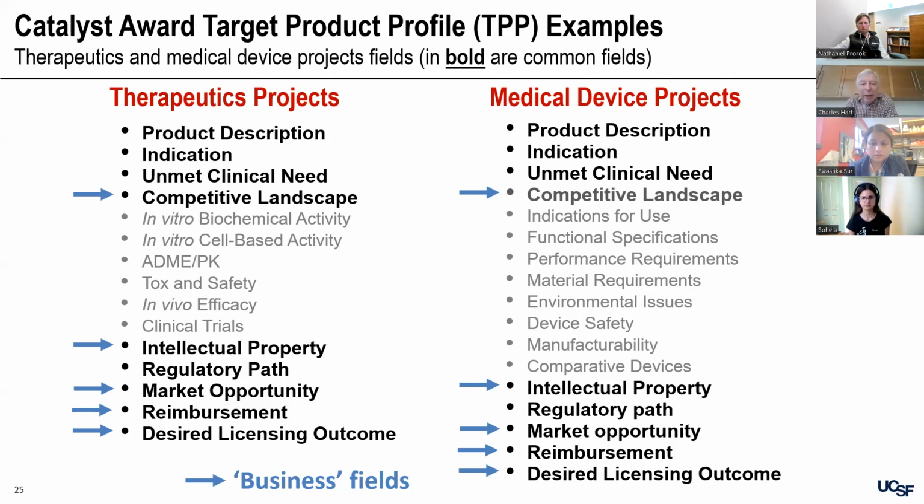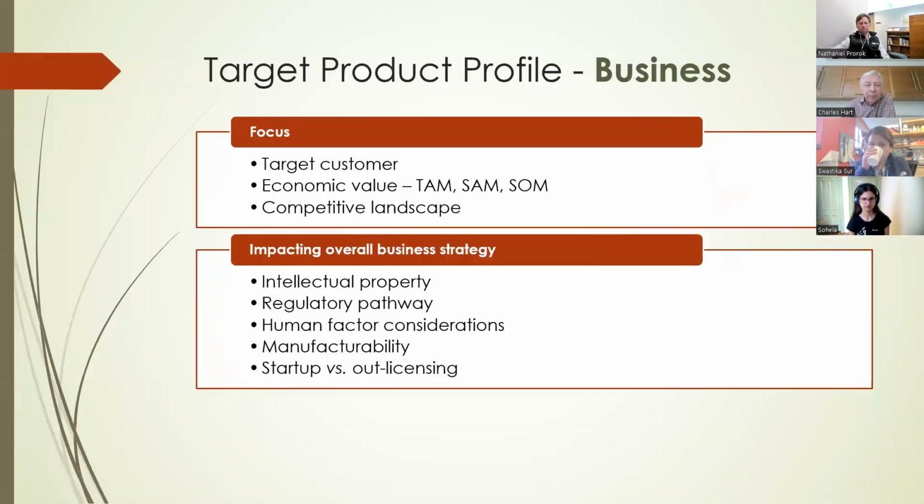But why I'm showing this slide again is because of the blue arrows. The blue arrows are the TPP fields involved with business aspects, commercialization aspects, marketing aspects, and the like. And again, that's the topic of the first half of today's session.